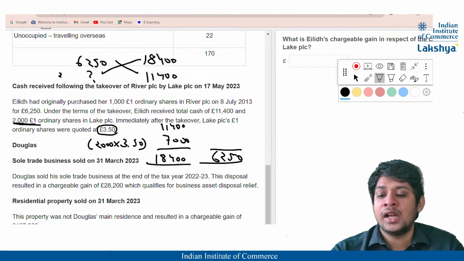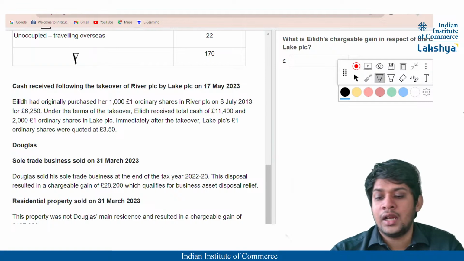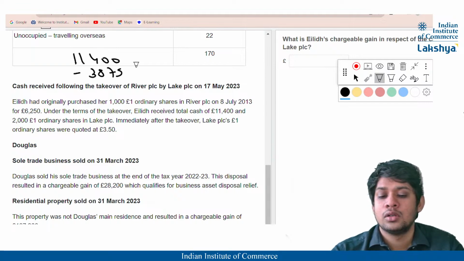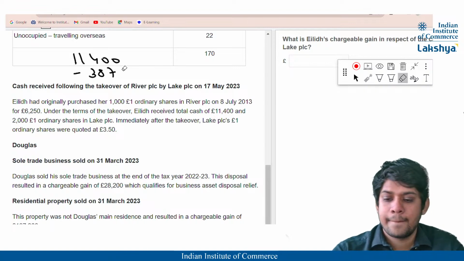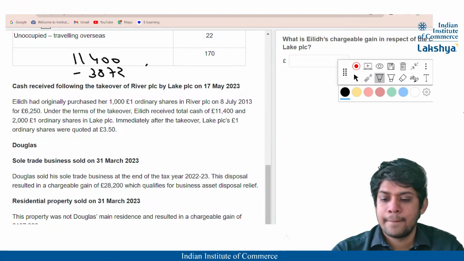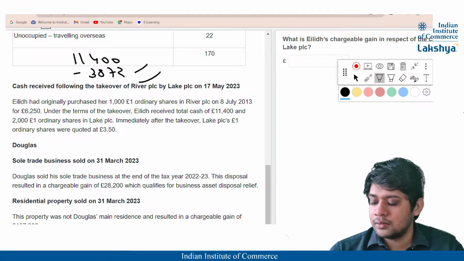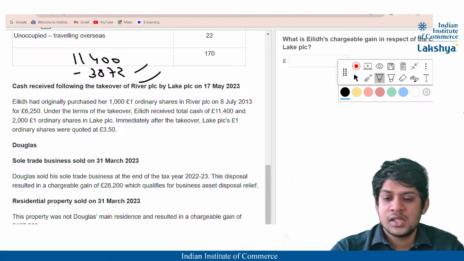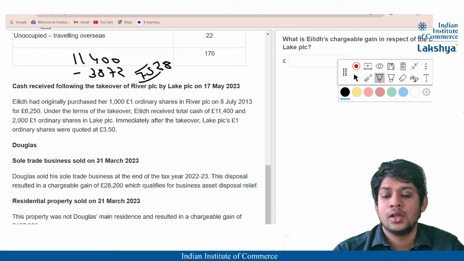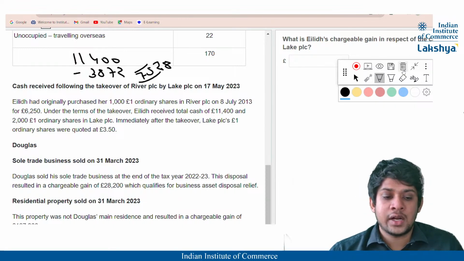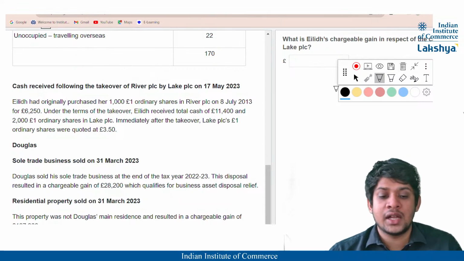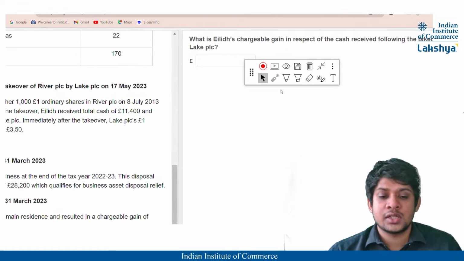So 3872 is the cost of the disposal. 11,400 is the cash that we received minus 3872, which is going to give us 7527.7. I'll take it as 7528. Okay, guys. I hope it is clear. I hope you're not confused. We just forgot to take that value of the quoted shares.